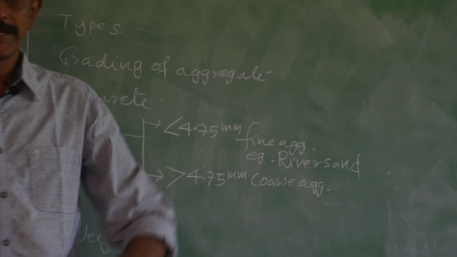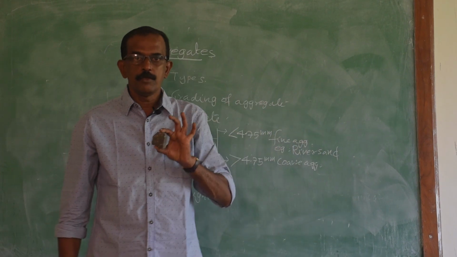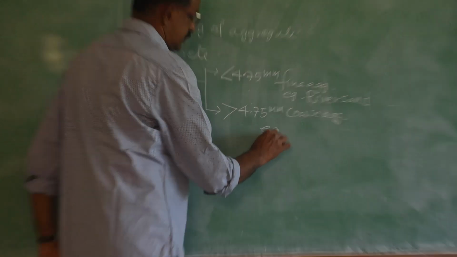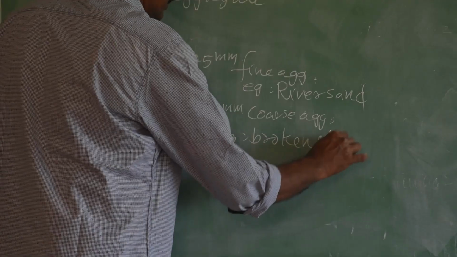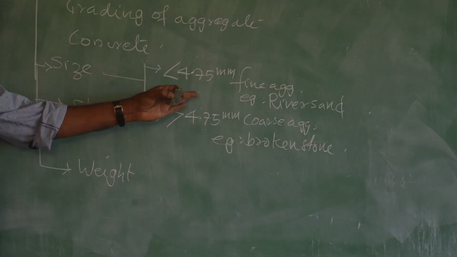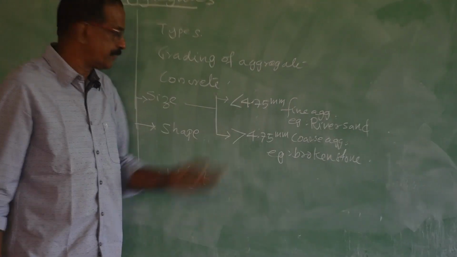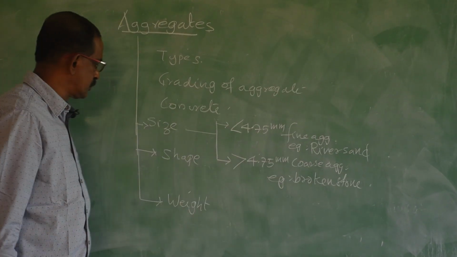And if the size is greater than 4.75, obviously the size of this one is greater than 4.75 millimeters. So an example for coarse aggregate is broken stone. So this is the first classification based on the size. Fine aggregate, less than 4.75, example is river sand. Greater than 4.75, coarse aggregate, example is broken stone.